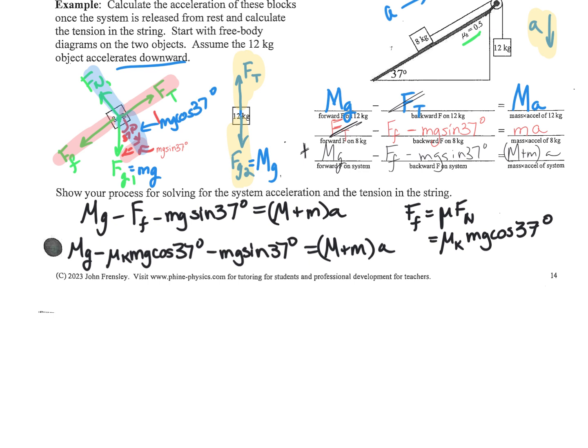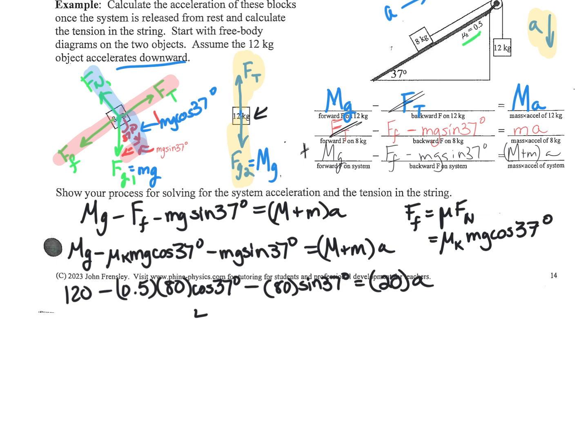Big M is 12, so 12 times 10 is 120, minus 0.5 times little mg, which would be 80, cosine 37, minus little mg, which would be 80, times the sine 37, equals big M plus little m, which is 20, times A. If you work that whole thing out, you get 40 on this side equals 20A.